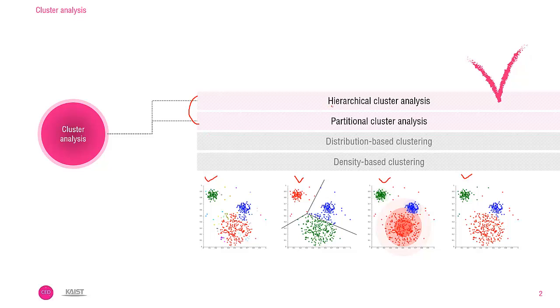The first, hierarchical cluster analysis, is based on the core idea of objects being more related to nearby objects than to objects farther away. Its other name is connectivity-based clustering.